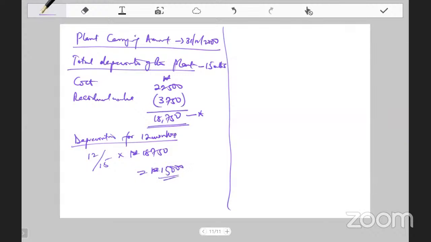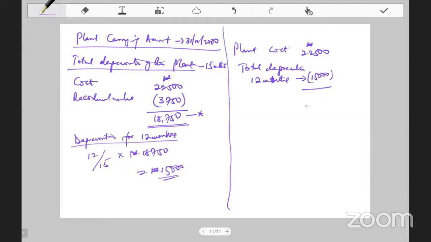So will I now be right if I say the plant cost is 22,500, then my total depreciation for 12 months, from January, is 15,000?